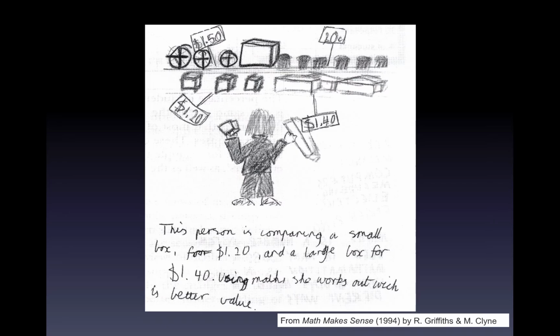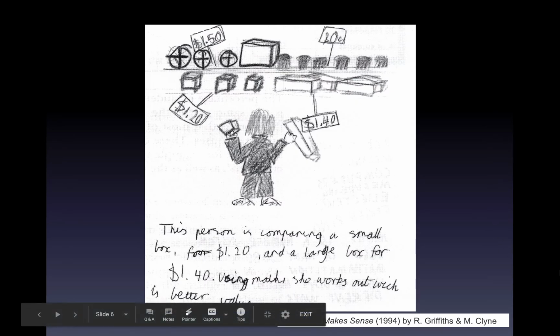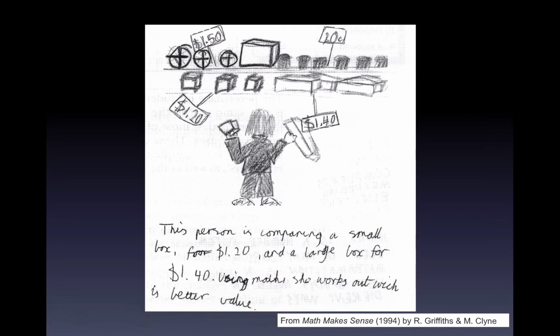And this picture has a description. This person is comparing a small box for $1.20 and a large box for $1.40. Using math, she works out which is a better value. So this person thinks that math can be applied to real world situations, like comparing the prices. Right?